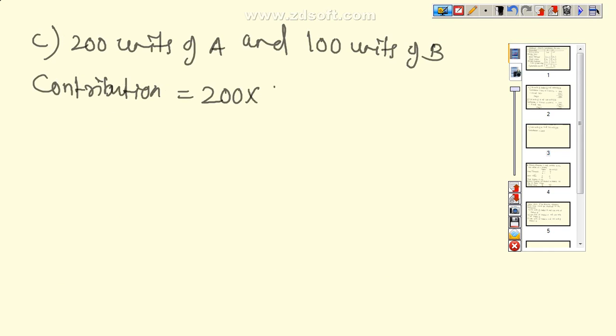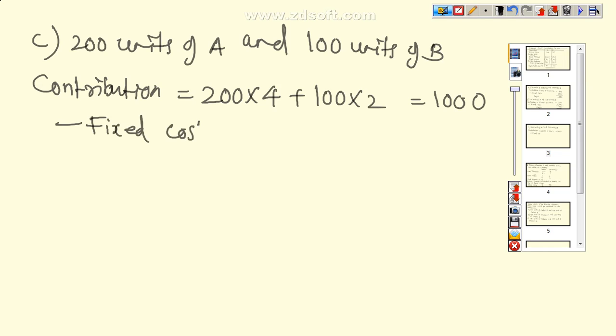So 200 into 4 plus 100 into 2, that is equal to 1000, minus fixed cost 300 which remains constant, that is equal to 700.